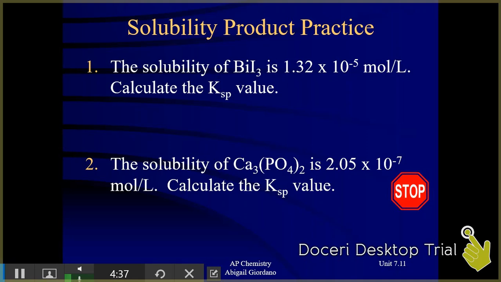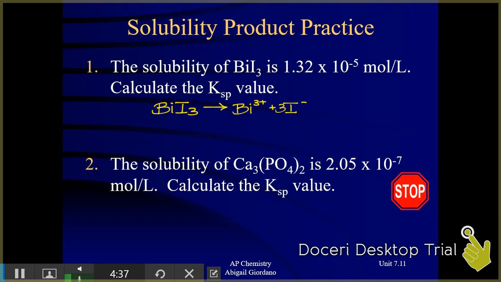In this case, bismuth iodide is going to break down into the bismuth ion and iodide. Let's make sure it's balanced.